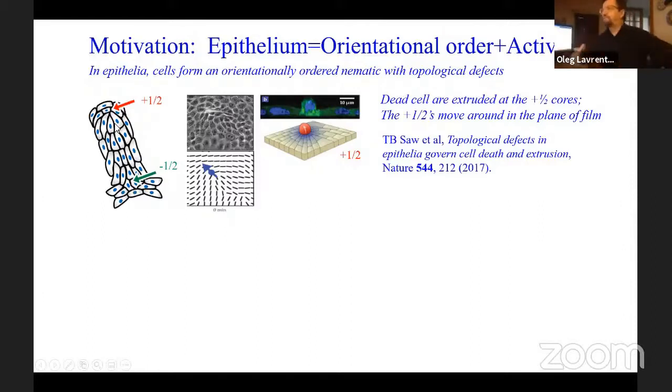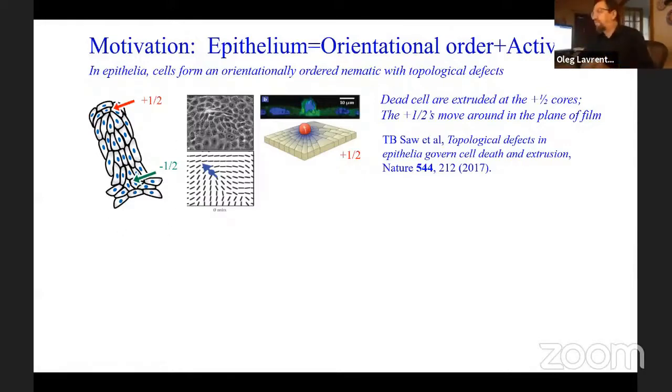Taras Turiv introduced you to some of the terminology. We used the terminology of topological charge. And here you might observe a topological defect of strength +1/2. This is the charge of the defect. And it is being paired with a defect of strength -1/2.